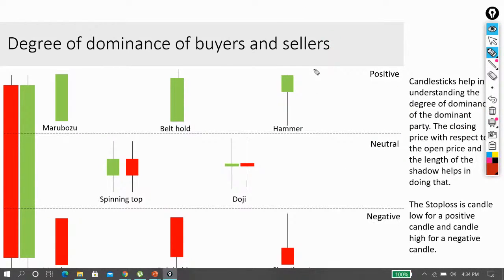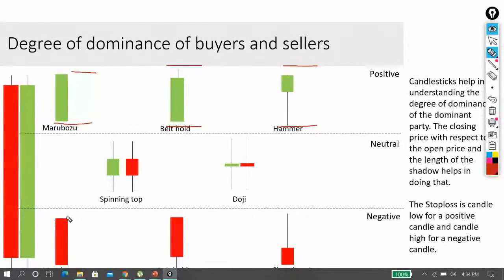Okay. In that case, what should be our stop losses? So if you are seeing a bullish candle, you have to buy above the high and your stop loss is below the low. Same for this, same for this. For a bearish candle, obviously, if you're seeing a bearish candle, you are betting on the downside, right?